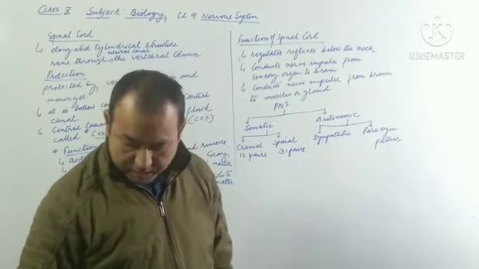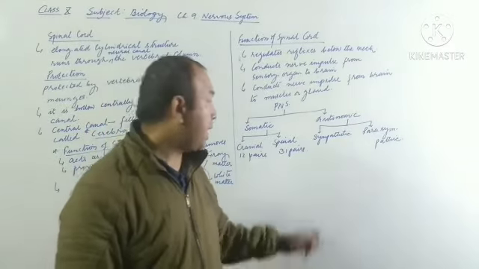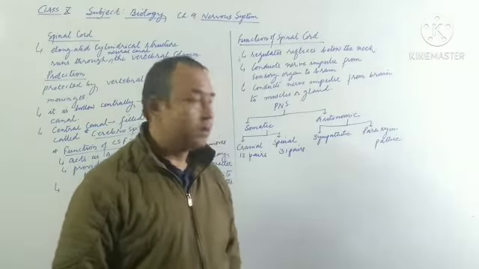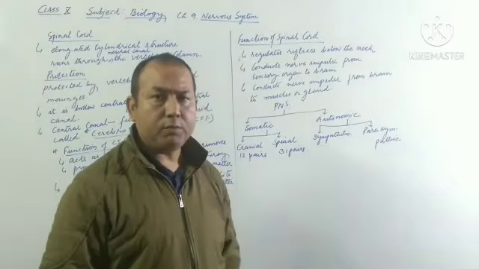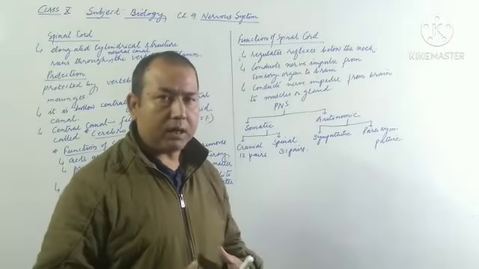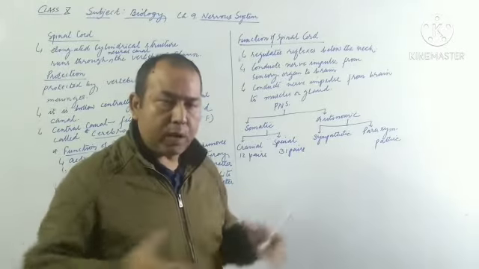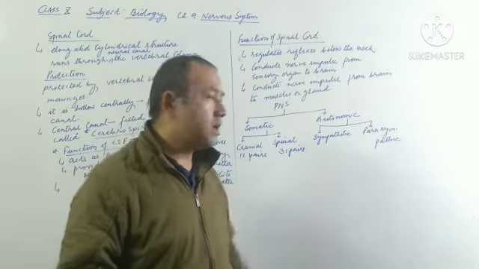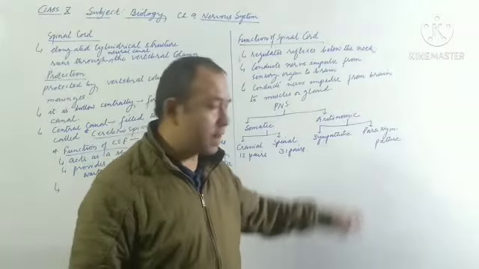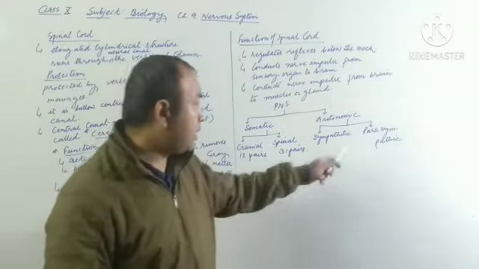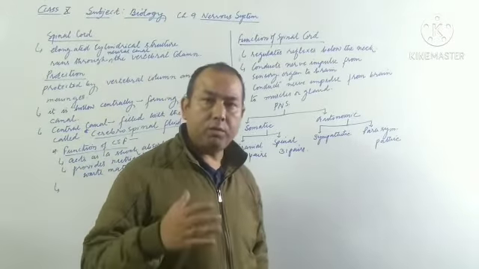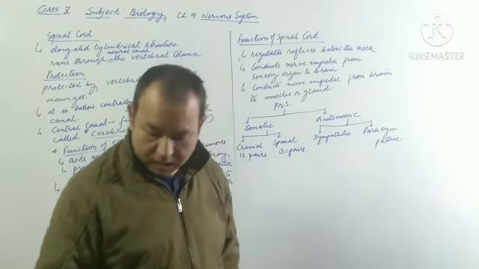Then after that comes lungs. Lungs are usually dilated by the sympathetic nervous system. Dilation means whenever we inhale the air, the lungs have to expand. That expansion, or dilation, is brought about by the sympathetic nervous system. After that, contraction is brought about by the parasympathetic nervous system, which usually occurs when we exhale the air.